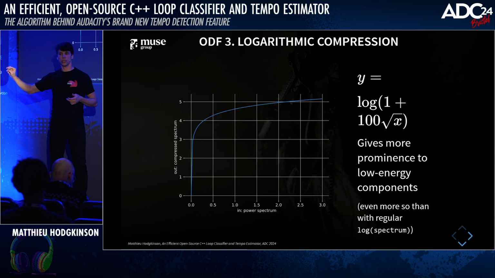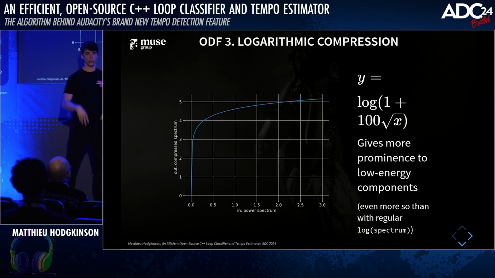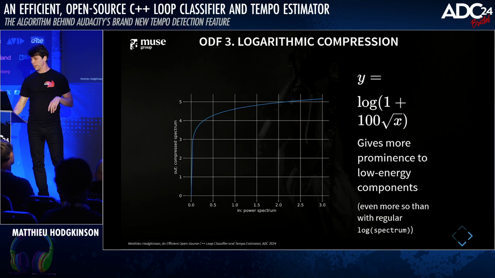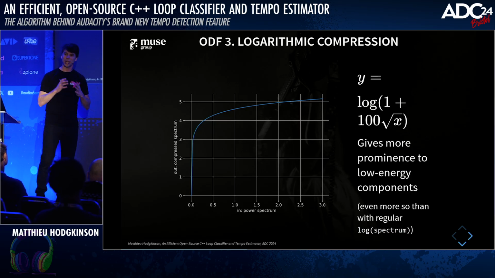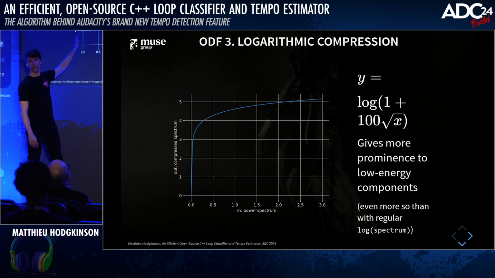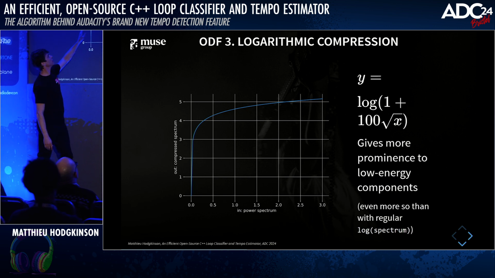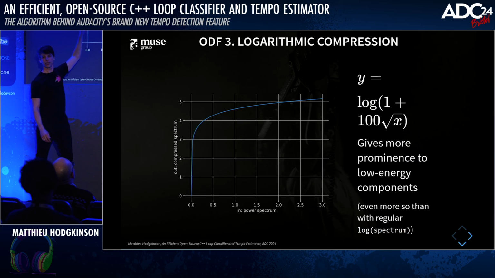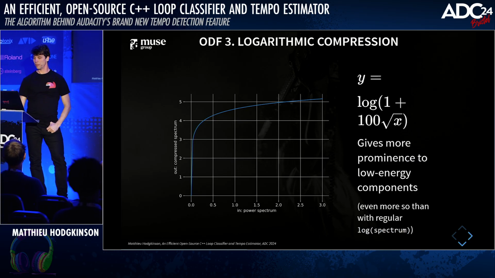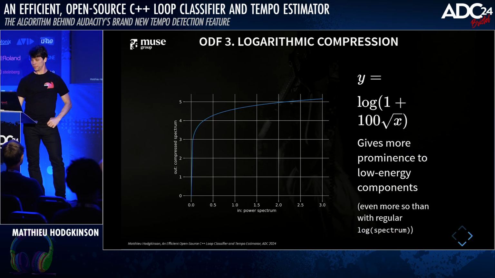Or changes in small energy levels are much more perceivable than changes in high, you get me? So here what we do is we really compress quite aggressively the lower energy values of our power spectrum here. You see that they go up very fast to high values, and then it flattens out.